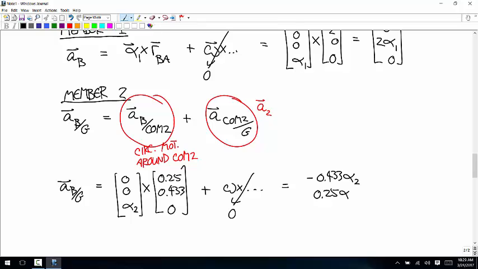Oh, thank you. I skipped one. So it's this circular motion stuff. I did that first red circle, but I didn't add on A2.